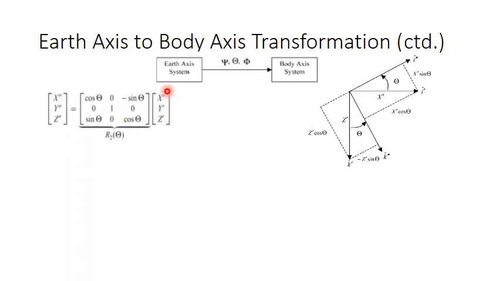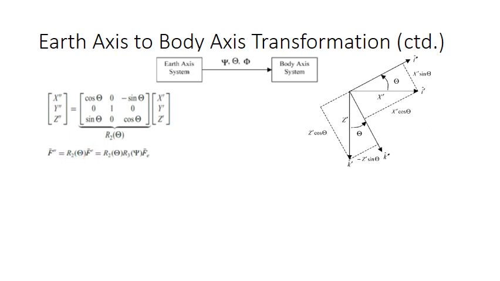This is the original vector in the first intermediate axis system, and this is the second rotation matrix, which is R2, a function of theta. This is a rotation about the y dash axis, and the resulting vector will be x double dash, y double dash, and z double dash. So f double dash equals R2 times f dash.